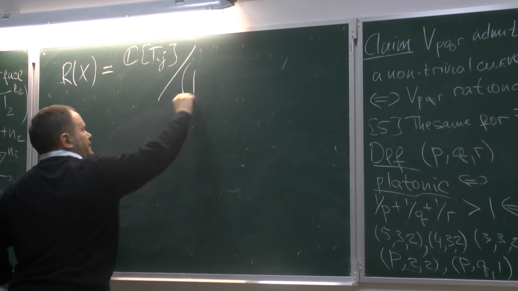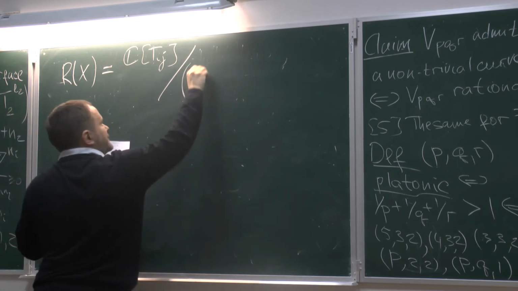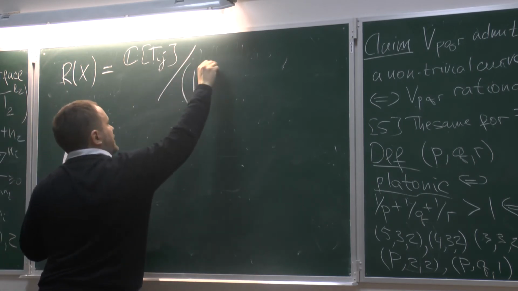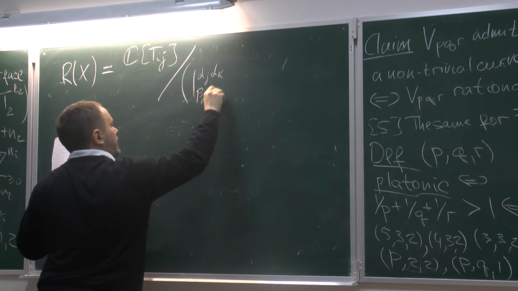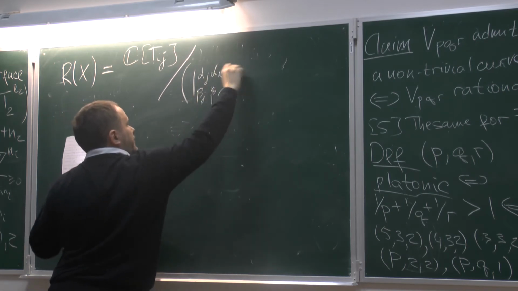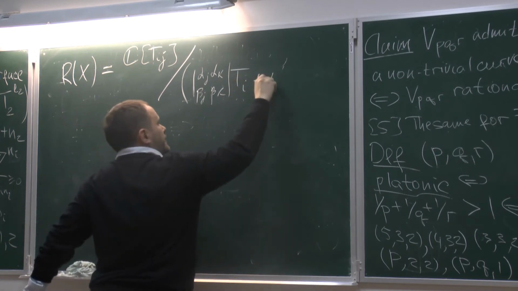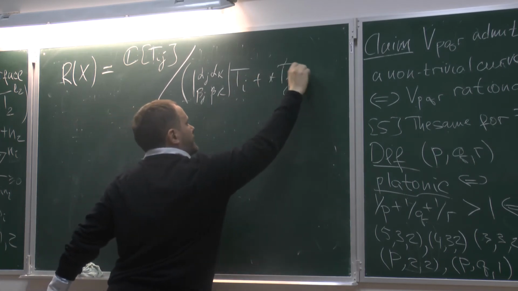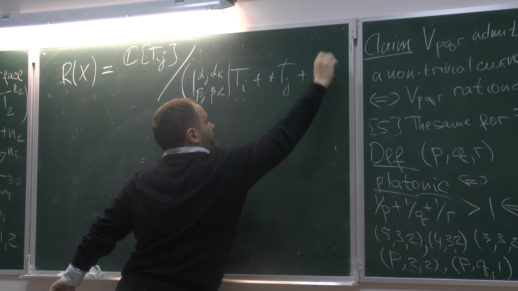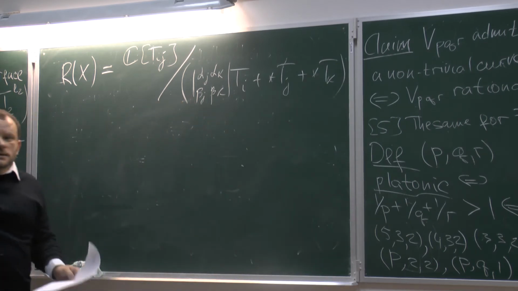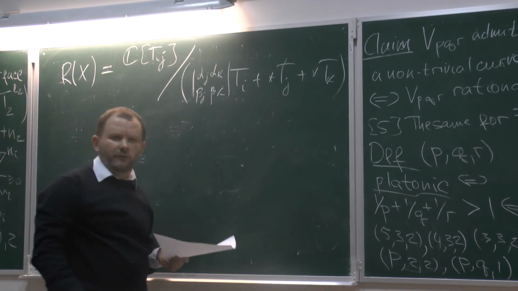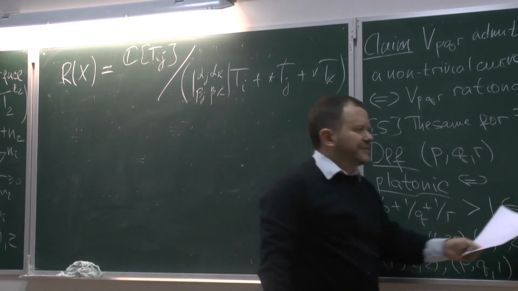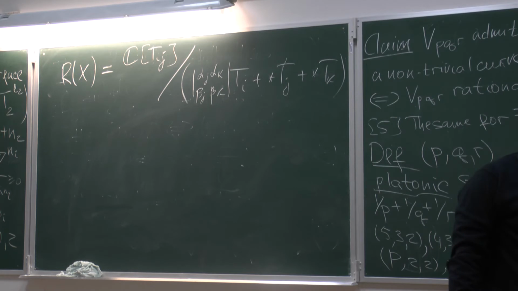Namely, here it will be some minors, some determinants, alpha j, alpha k, beta j, beta k, times ti, and the same coefficients for tj and tk. So, this is somehow an explanation how trinomials appear for actions of complexity 1, because this is a good candidate for a quotient for a T action.